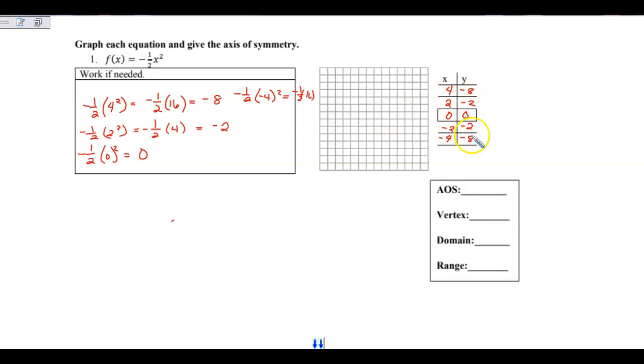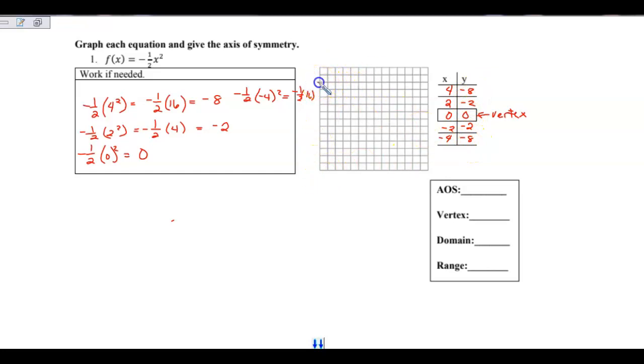Now that I have some numbers that I can graph, it's a lot easier to figure out how to draw my graph. When I look at these, I see that I have positives and negatives. I also have a vertex, and that is at 0. All my y's are below 0.